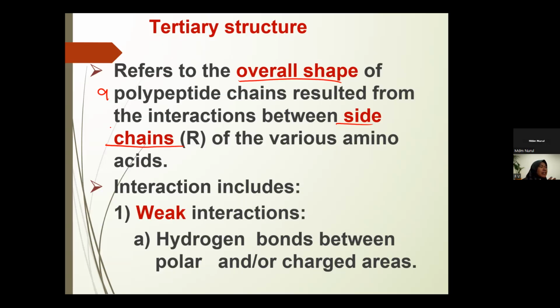Ulang ke? Betul, saya ulang betul? Okay. Bentuk keseluruhan polypeptide ataupun rantaian polypeptide yang disebabkan oleh interaksi sesama R group ataupun R chain of amino acids. Okay, right.